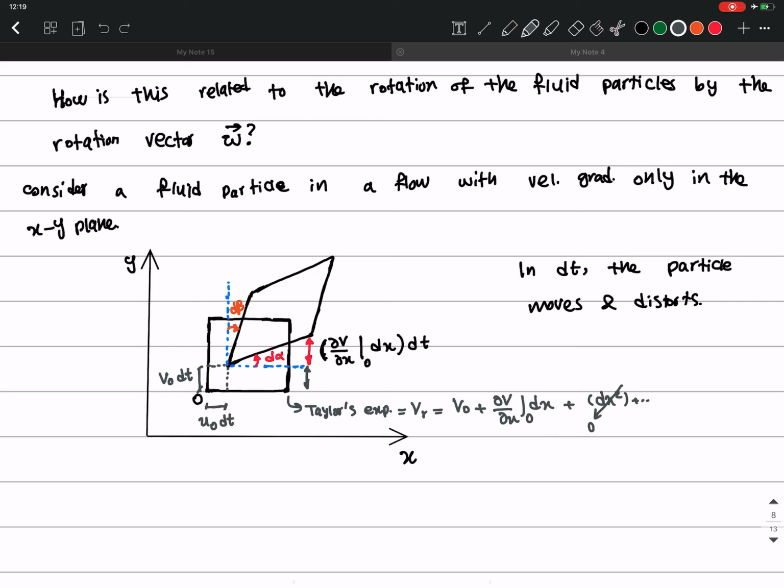Then this distance is going to be v_R times dt, the distance dy at R. This part is just v naught dt, and this part is the second part of that. So this is how we can get that.